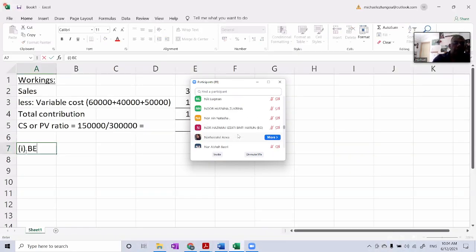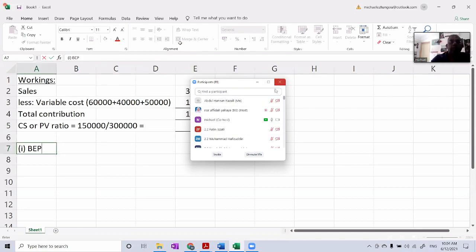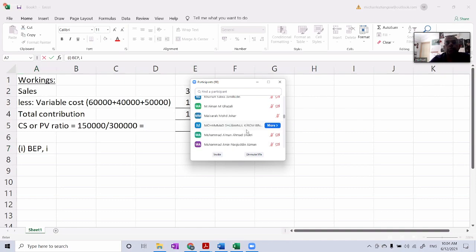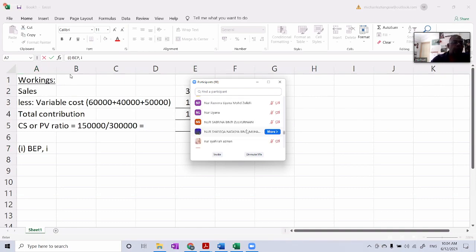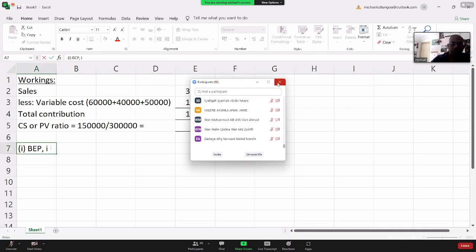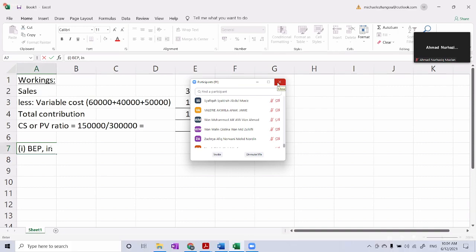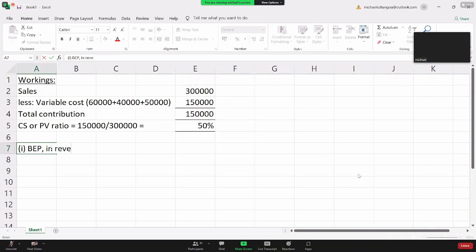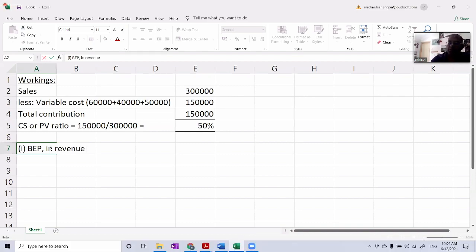We have break-even point in revenue. Now the revenue measurement here is in euro.